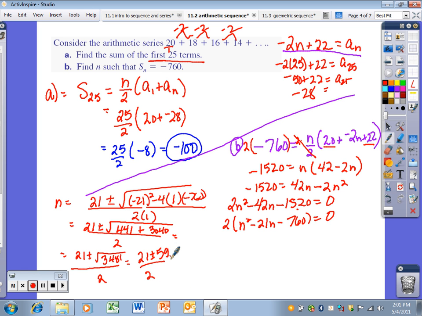Well, 21 minus 59 would be negative. I can't count negatively, so I have to do the positive. 21 plus 59 is 80 over 2 is 40. 40 terms.